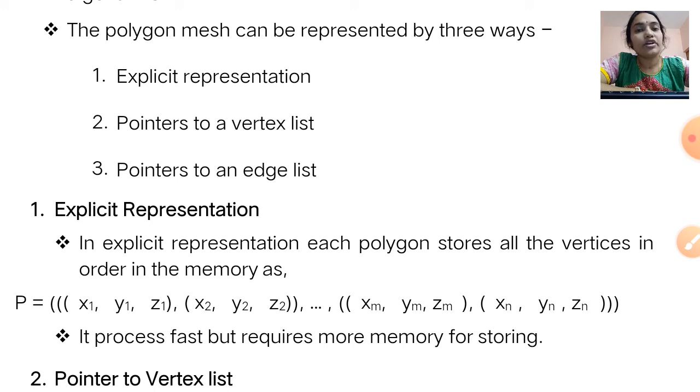The coordinate points are stored as x1, y1, z1, that means the first coordinate point, then x2, y2, z2, the second coordinate point, then x3, y3, z3, the third coordinate point, in this way up to xm, ym, zm and xn, yn, zn. In this way, n number of vertices can be stored.